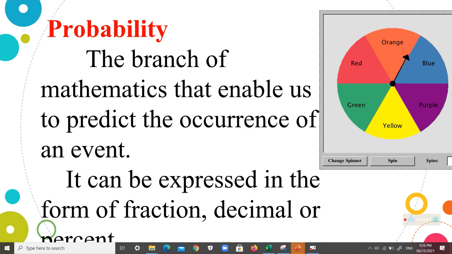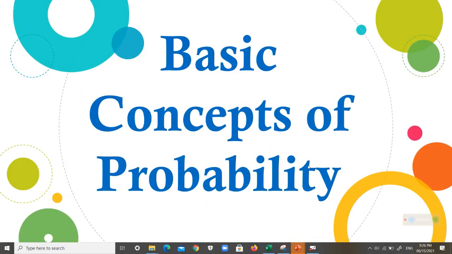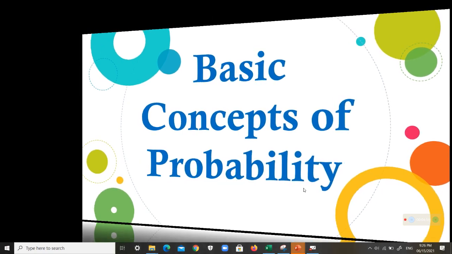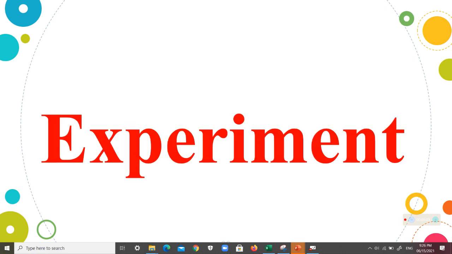Here is an example of how you are going to get the probability by spinning the wheel. So what are the basic concepts of probability? We have these letters. Let us arrange this. The word here is experiment.